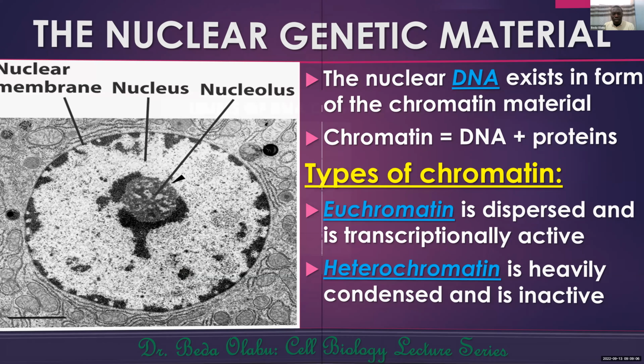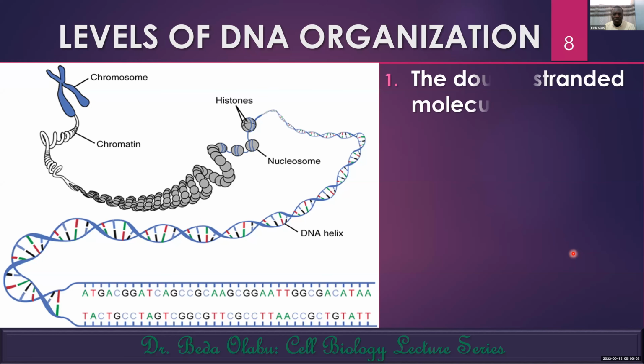We went ahead also to discuss the levels of organization of the DNA. We said that there are 6 levels of DNA organization. The lowest level of DNA organization is a double-stranded molecule. We will revisit that shortly when we talk about the detailed structure of the DNA.